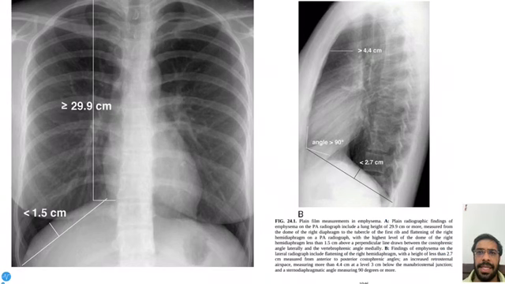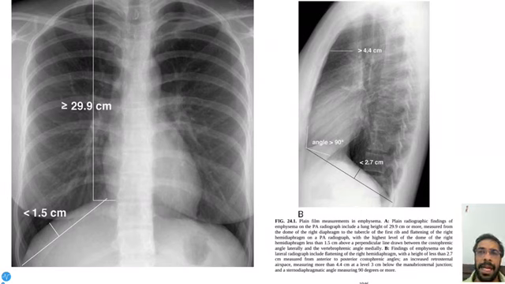As you can see in the image, in the PA view, if the measurement from the first rib to the diaphragm is greater than 30 centimeters, then there is increased lung volume. If there is flattening of the right diaphragm, meaning from the right CP angle to the right cardiophrenic angle, the distance from the diaphragm to the line is less than 1.5 centimeters, then again it indicates increased lung volume, with flattening of the lateral CP angle.